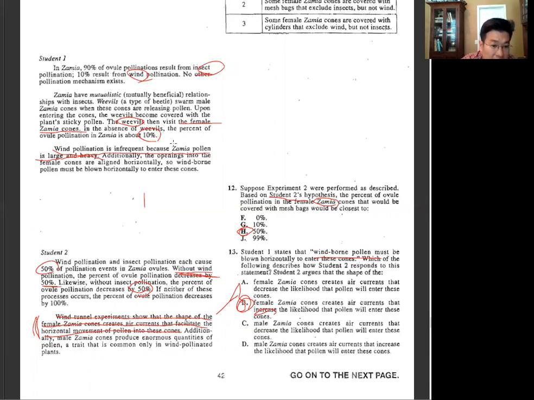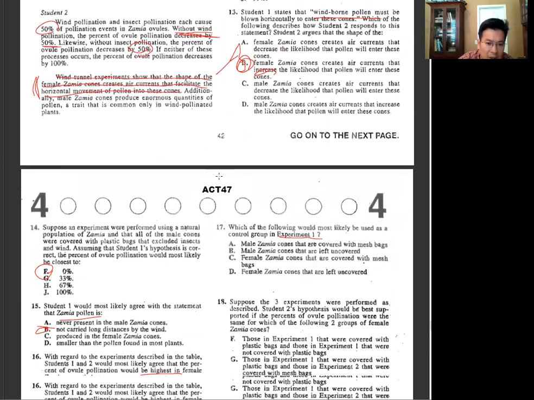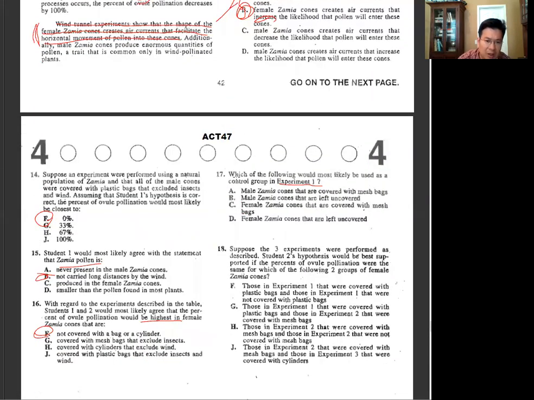That means that 10% is wind. So whatever happened that we see, you have to make sure other insects can come in so that they can do pollination. So that's why it's the control. You have to control so that nothing disrupts.